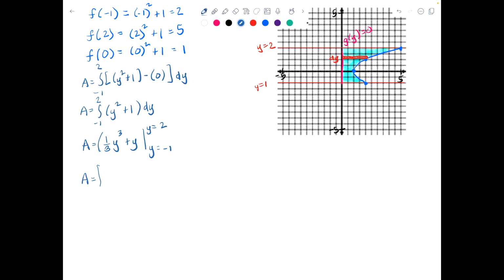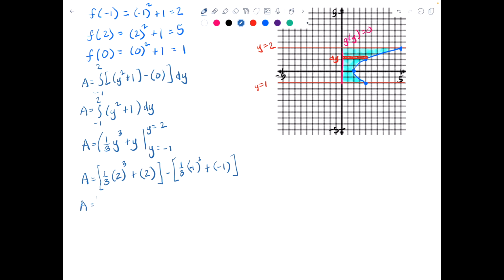So for our upper limit of integration, we'll have 1/3 times 2 cubed plus 2, minus our lower limit of integration. We'll have 1/3 times -1 cubed plus -1.